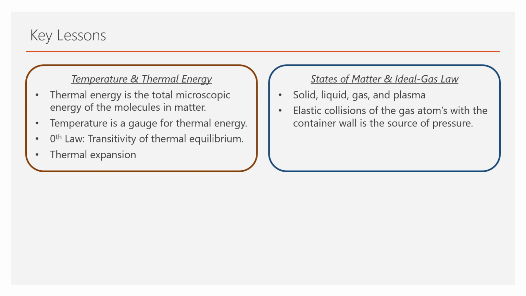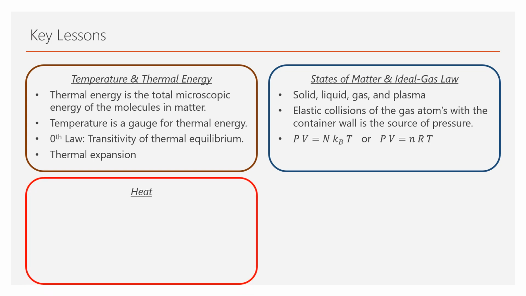We then saw that elastic collisions of the atoms in a gas with the container's wall is the source of pressure, and from that we derive the ideal gas law, PV equals NKT. We then saw that heat is the transfer of thermal energy into or out of a system.